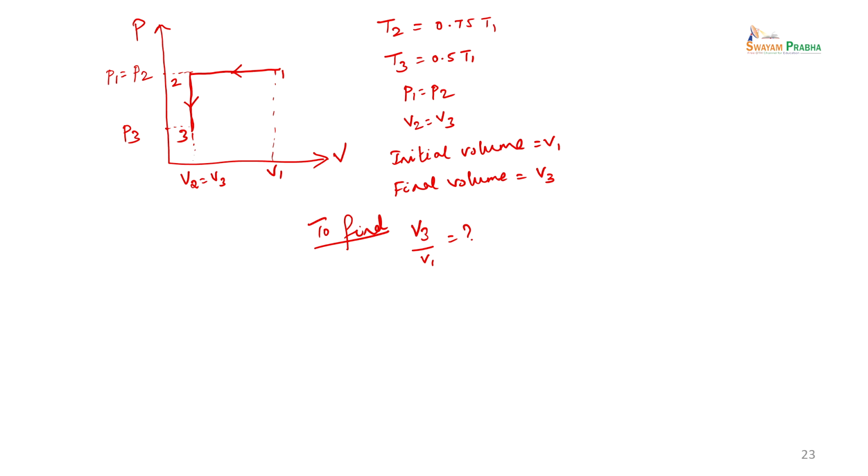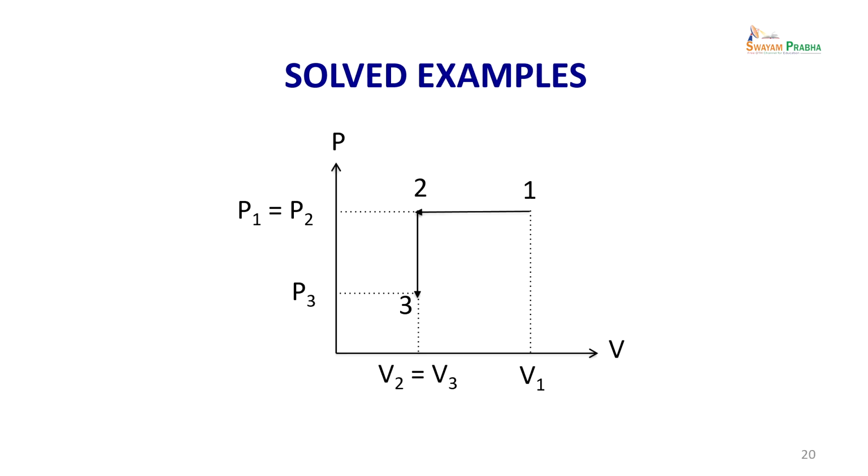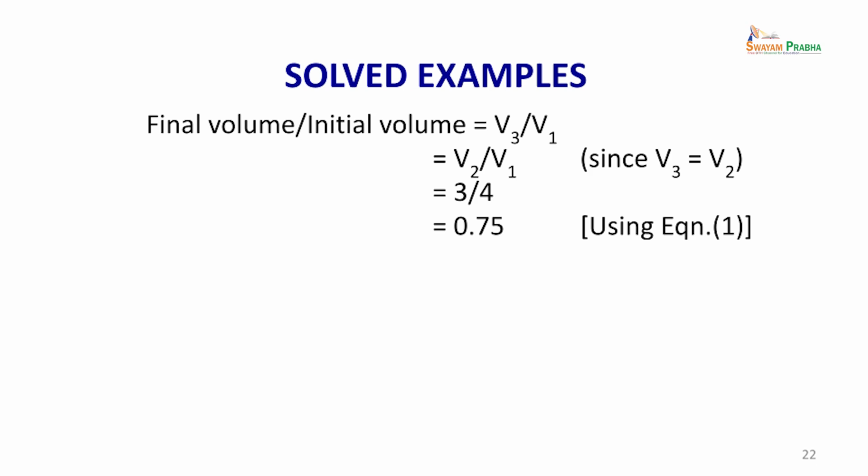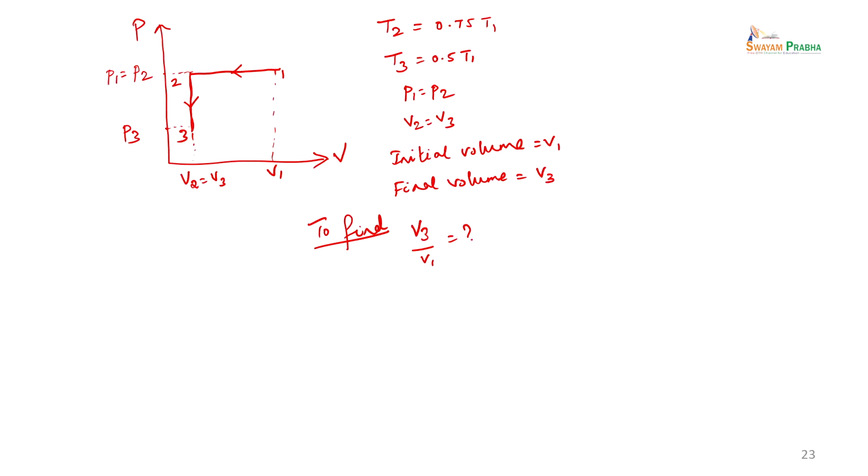So, let us first consider the process 1 to 2. 1 to 2 is a constant volume process.